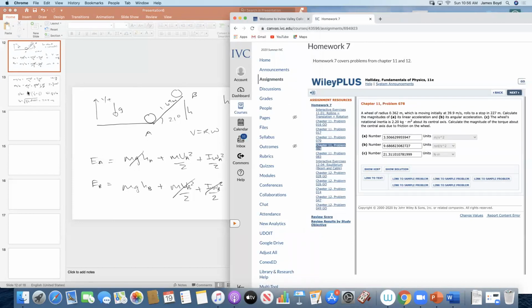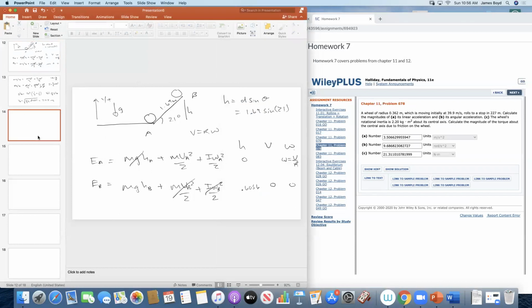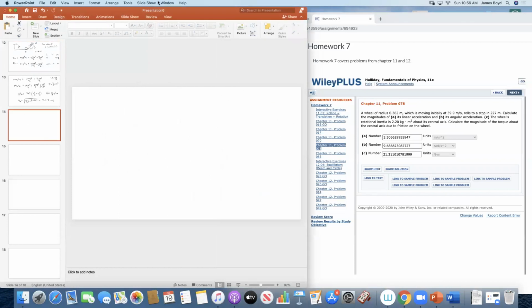Now here is a wheel rolling to a stop. And this problem I assigned to you because I wanted to make sure that you understood the way the forces work on a rolling object, just like on an incline, okay?